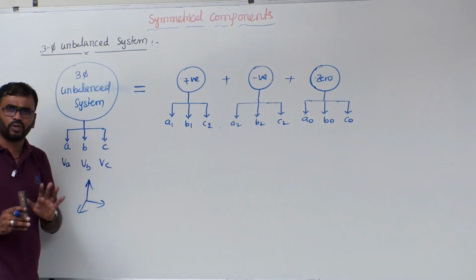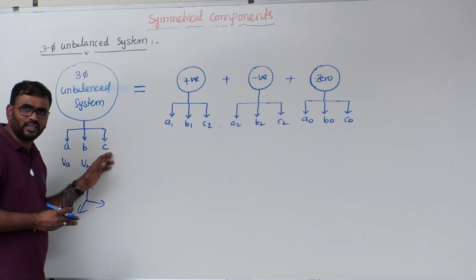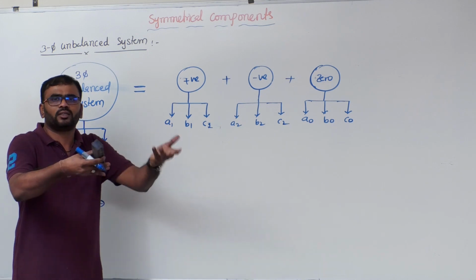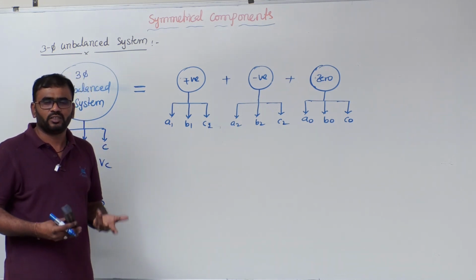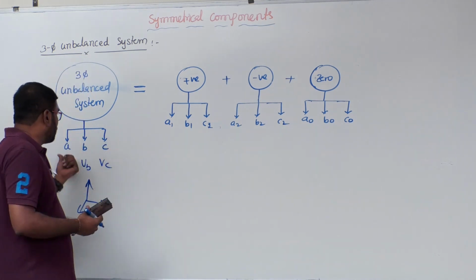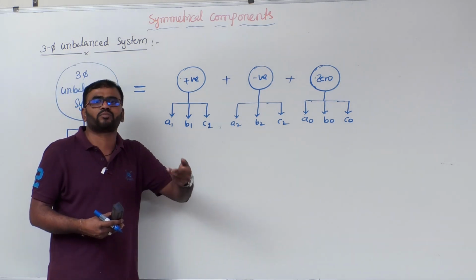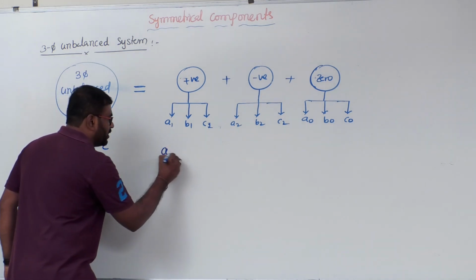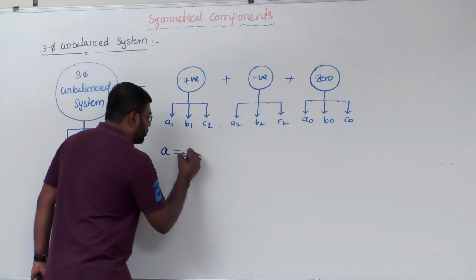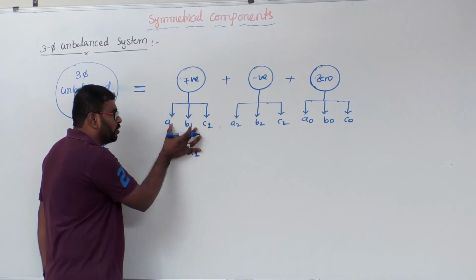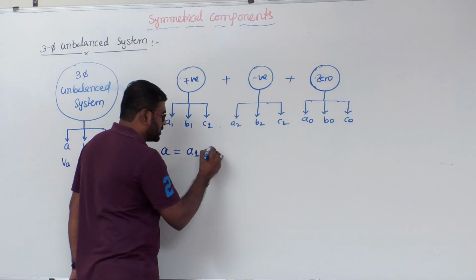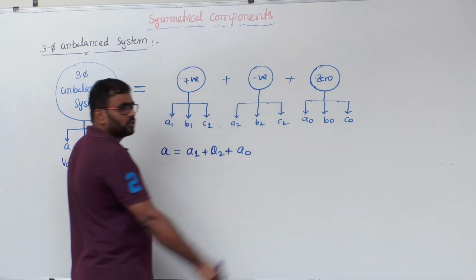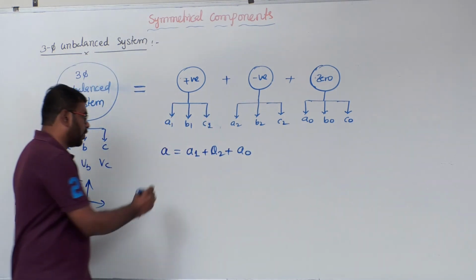The idea is very simple. An unbalanced phasor is written as a sum of balanced phasors. That's what the symmetrical components are saying: an unbalanced phasor can be written in terms of balanced phasors. Now A is an unbalanced phasor, which can be written as A1, taken from the balanced system, plus A2, also from a balanced system, plus A0.